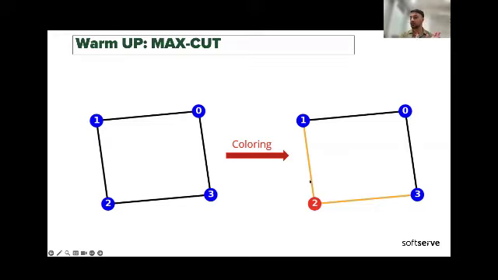Note that I'm not coloring the edges. In the beginning, I'm given blue vertices, okay? And my goal is to add red color to the vertices such that the number of edges with differently colored vertices is maximum.